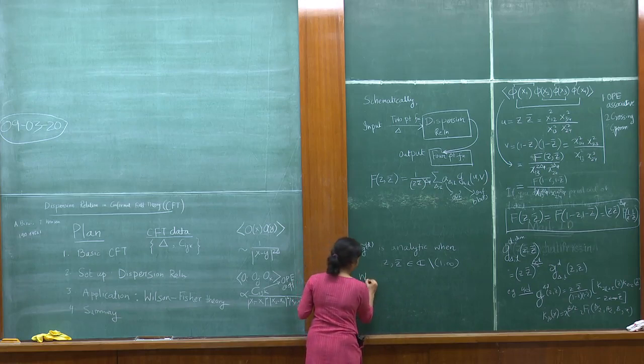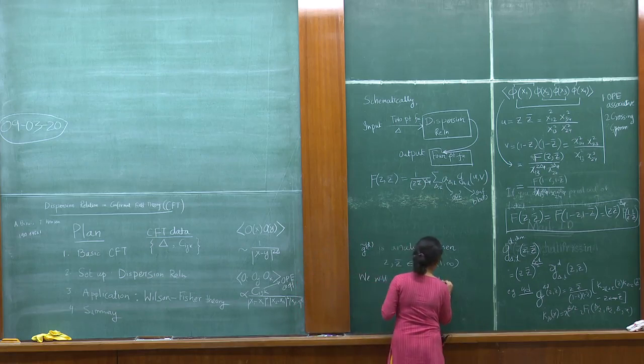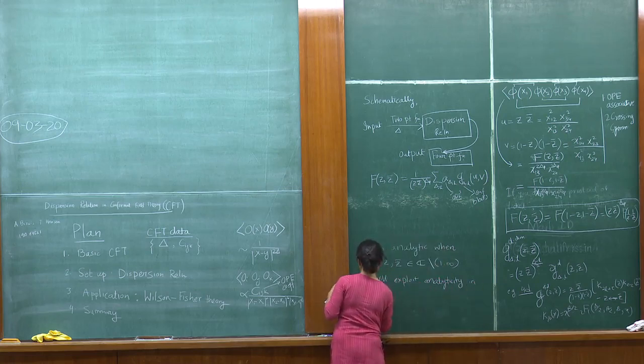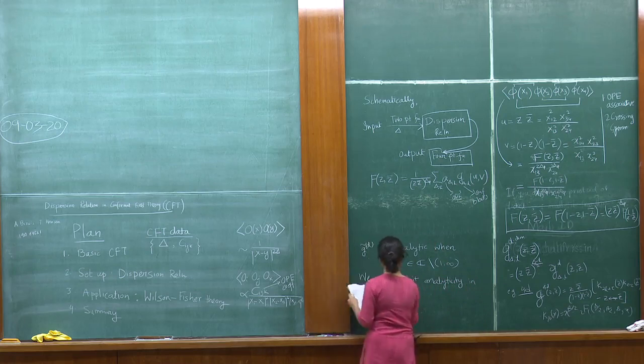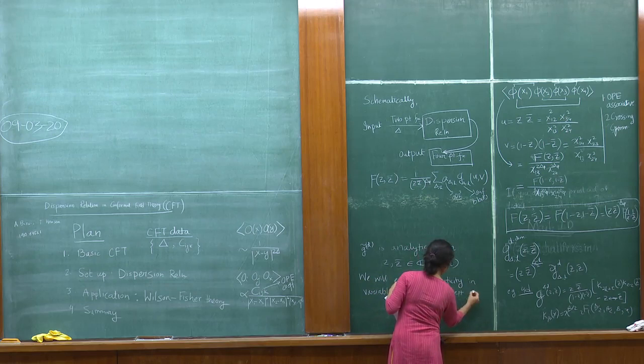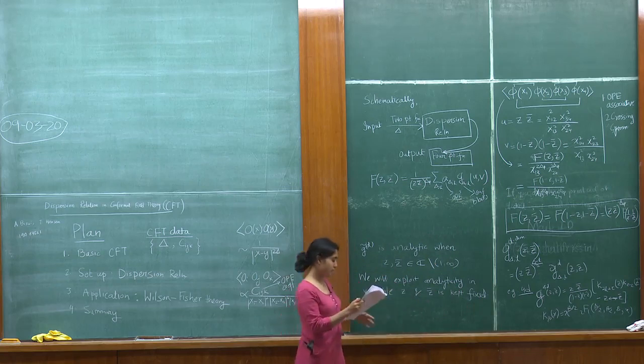Now we will exploit analyticity in one variable, which is z, and z-bar is kept fixed. So we will not tamper with z-bar and we will just use z as our variable.